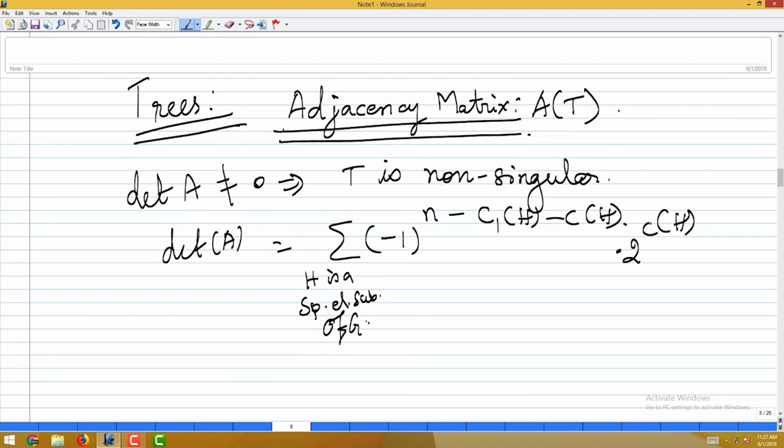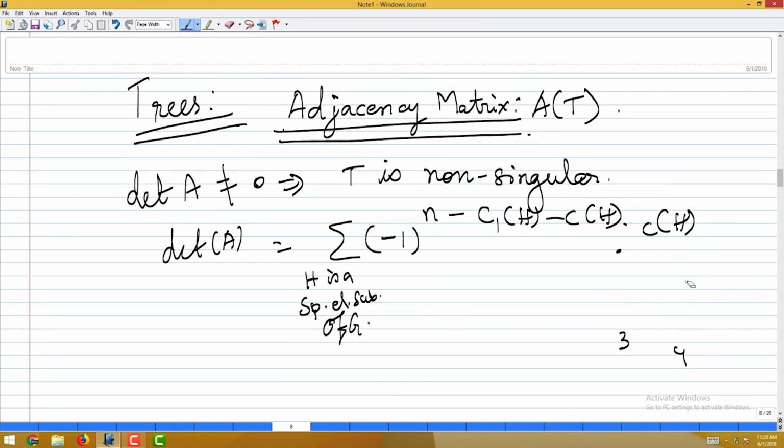How should my elementary subgraph look? If I have an even number of vertices, 1, 2, 3, 4, how many spanning elementary subgraphs can I get out of here? There is no spanning elementary subgraph here.